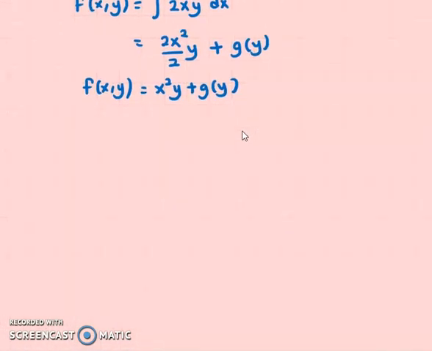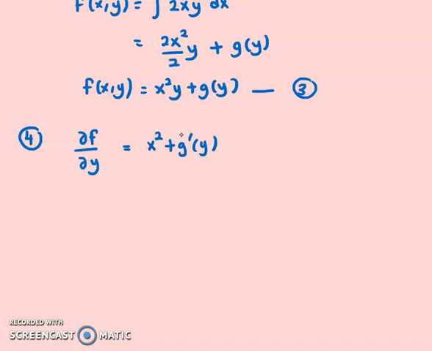Now step number 4. We want to differentiate with respect to y. Let's call this equation number 3. We differentiate equation 3 with respect to y. Differentiating gives me partial f over partial y, which is x squared plus g prime of y.